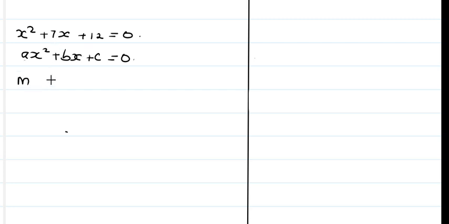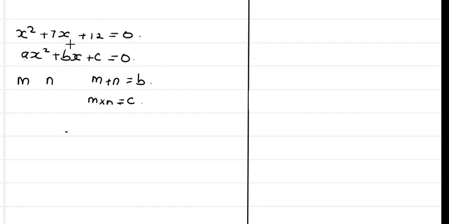I can call them m and n, such that when I add m and n, I get b. In our case, b is 7. So the addition of m plus n should give me b. Then the same two numbers, when I multiply them, should give me c. So m multiplied by n should give me c, and in our case, c is 12.